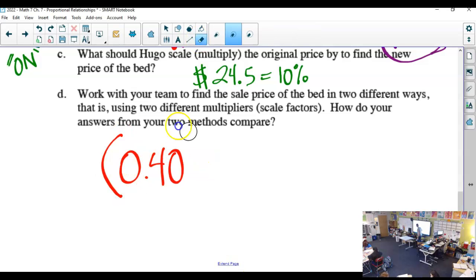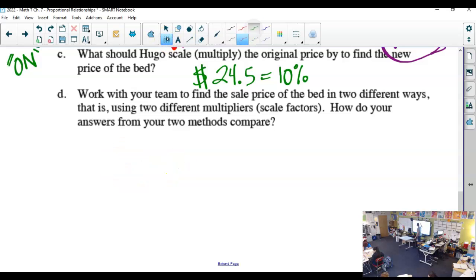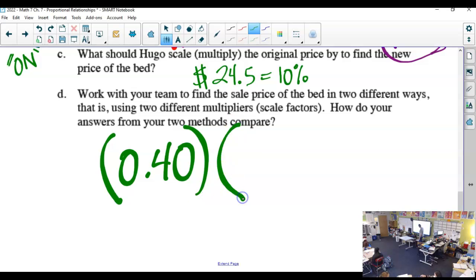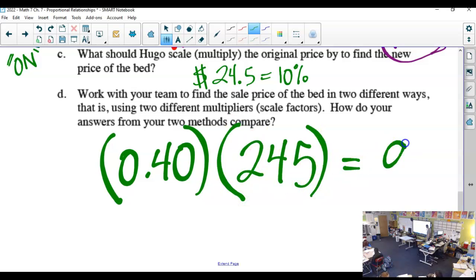I'm going to change colors because I don't like that I'm writing this in red. You could do 0.40 for the percent on times the original price, and that will jump you right to your answer. Gets you right there. No subtraction, nothing else. One step. Easy. It's one step in the calculator.